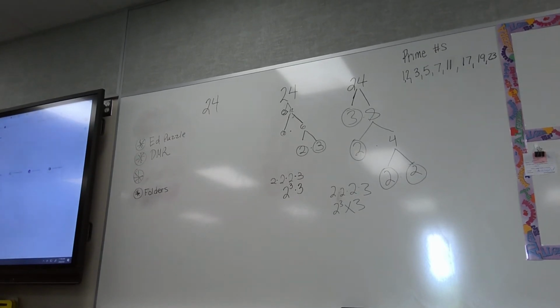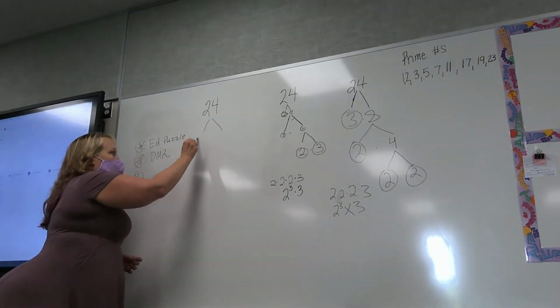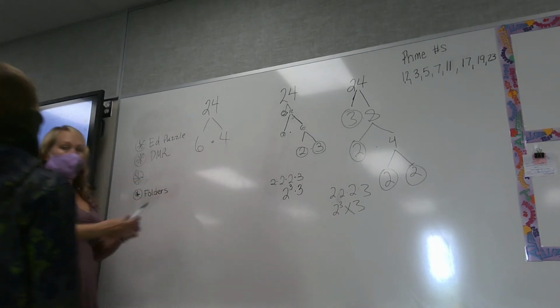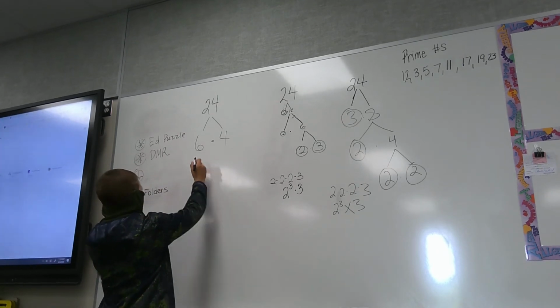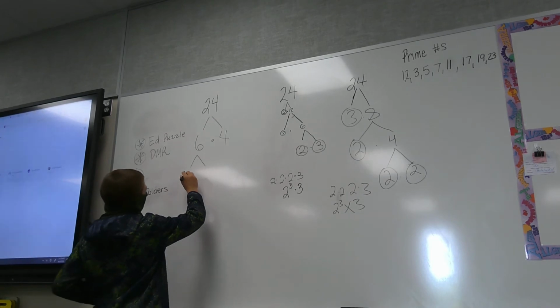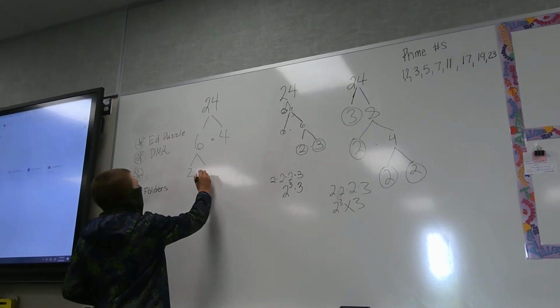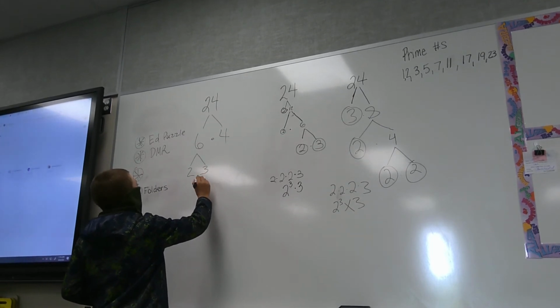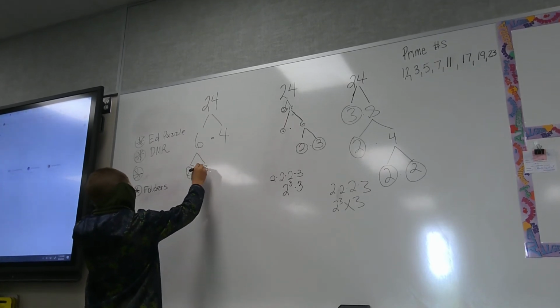If I give you a hint and I tell you 6 times something will give you 24, do you know what it is? 6 times 4. Yep. Come on up here and try. Those are both primes, so you can circle them.